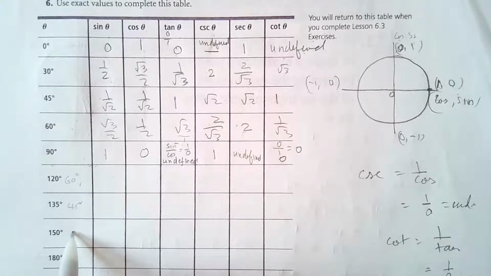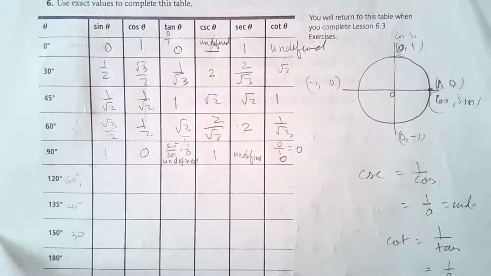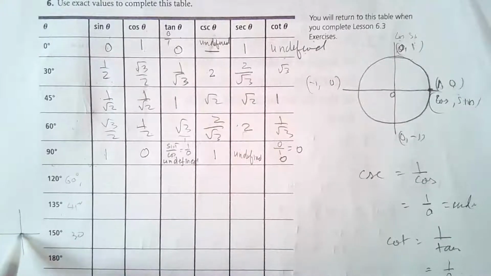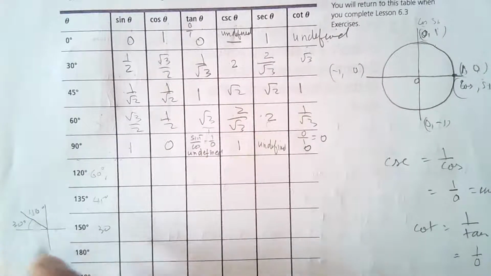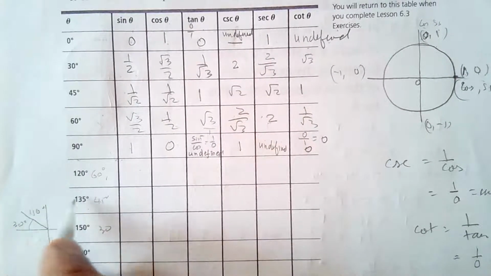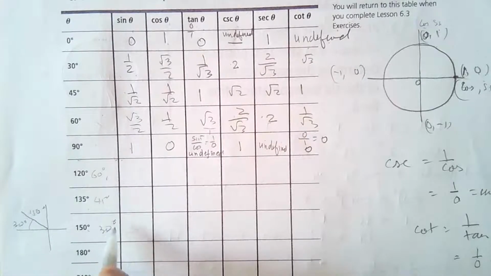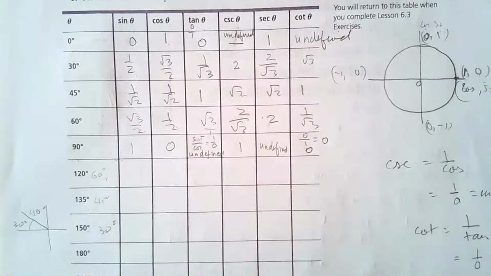And this would be the same as 30 degrees, right? Because if you were to look at 150 degrees would be here. Oops. This would be 30 degrees here. So the reference would be 30 degrees. So it will be a repetition of all of it.